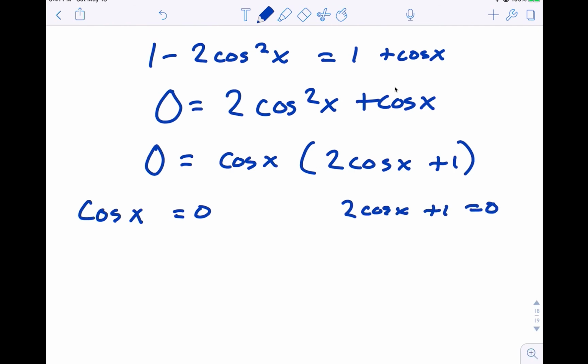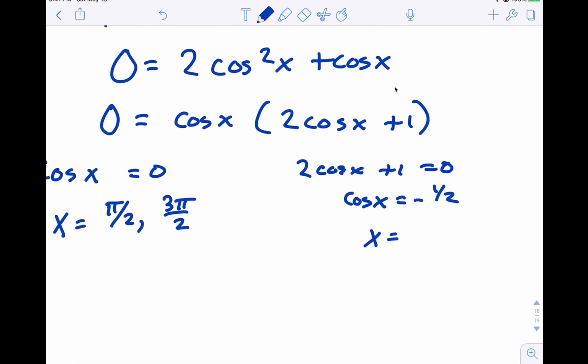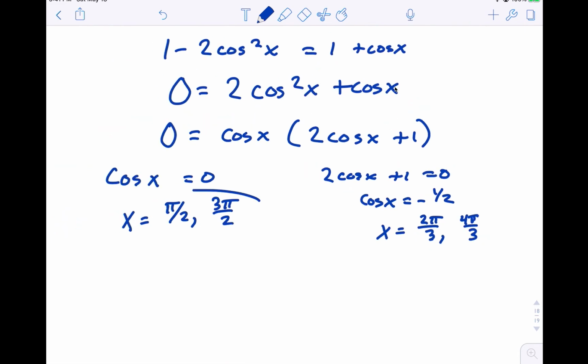So cosine equals 0 at pi over 2 and 3 pi over 2. And then cosine equals negative a half, which will be 2 pi over 3 and 4 pi over 3. So those are your 4 solutions there.